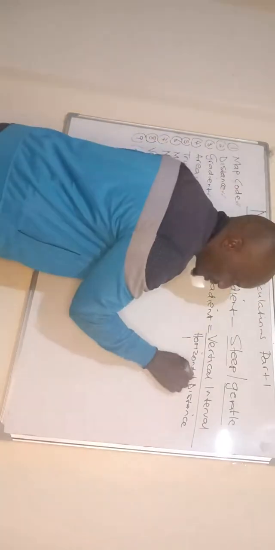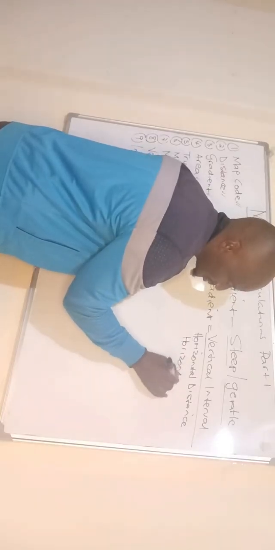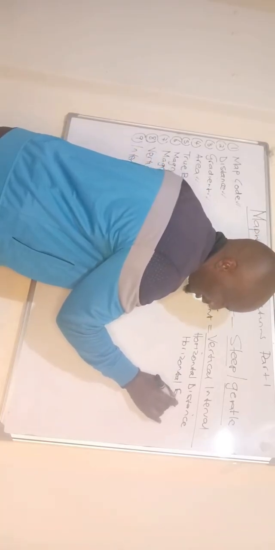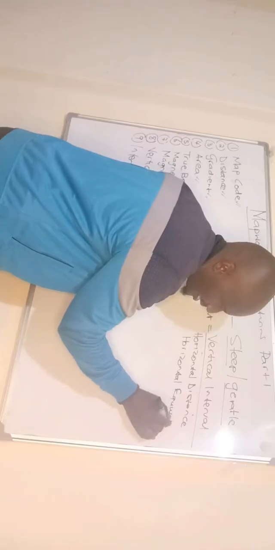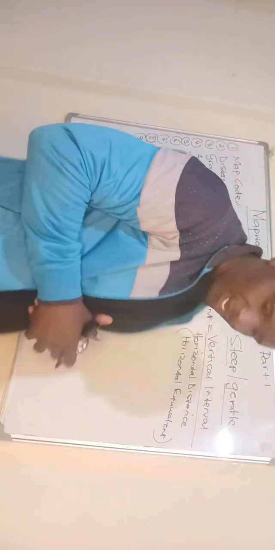In some books, they call it horizontal equivalent. So you have to know the formula first. It is the vertical interval over the horizontal equivalent. So that's how we calculate our gradient: the vertical interval over the horizontal equivalent.